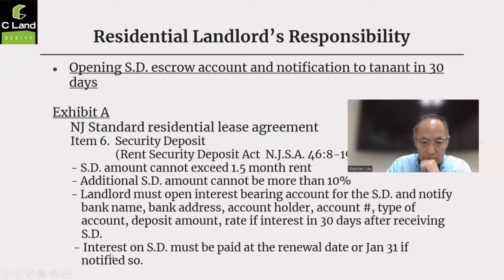And also, this law says, which means this lease agreement says, interest on the security deposit must be paid at the renewal date. After 1 year, if they renew, they have to pay the interest. Or every January 31st, if notified so. They can agree the interest will be paid January 31st.